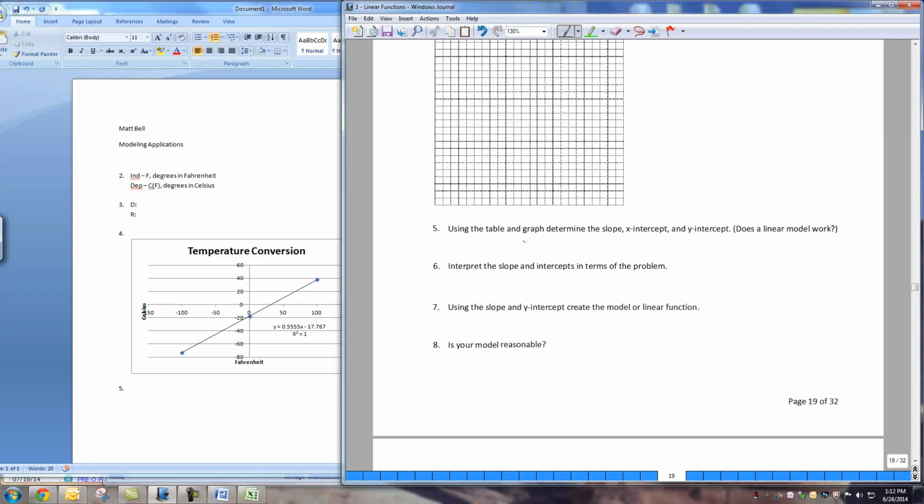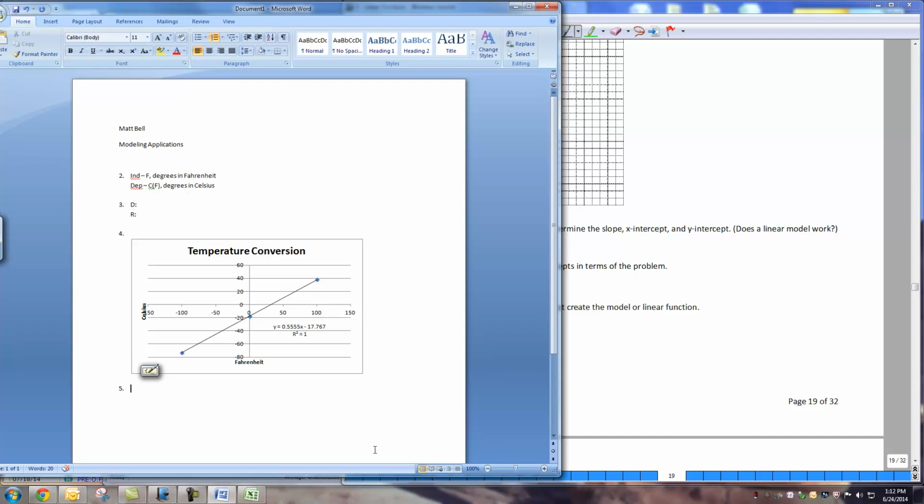Number 5 says, using the table and graph, determine the slope, x-intercept, and y-intercept. So your slope, tell me what it is. 5/9 or 0.56, right? 5 divided by 9. And then tell me what your y-intercept is.